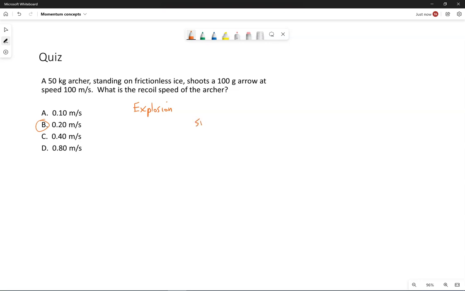So if we say our system is the archer that also has the bow, and then the arrow, the whole reason the arrow leaves and travels is because the archer releases the bow. The force is internal to the system. And so we can say that the momentum of the system is conserved.